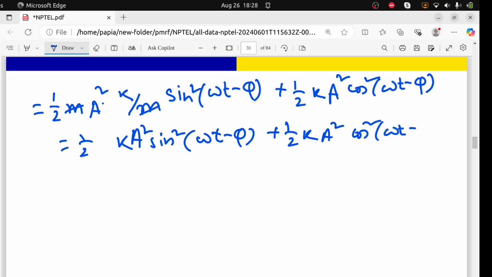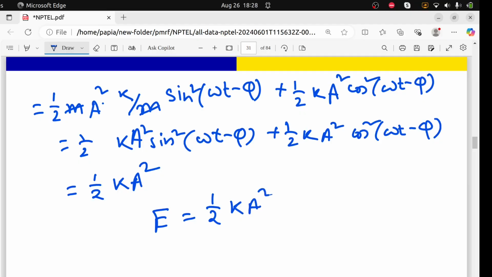So it is nothing but half k A square. So the total energy is half k A square.